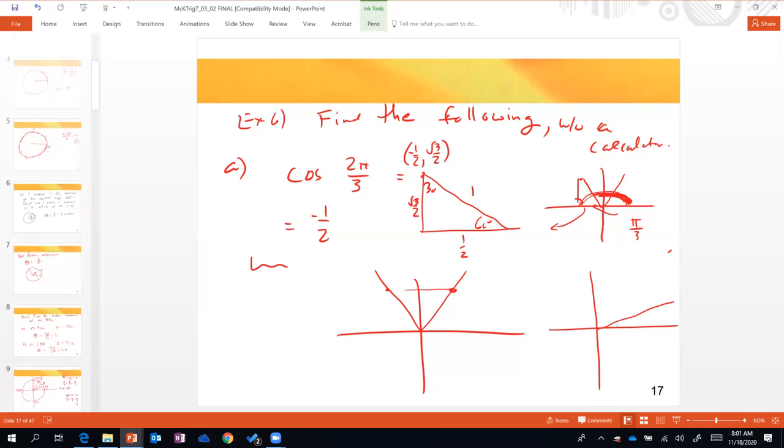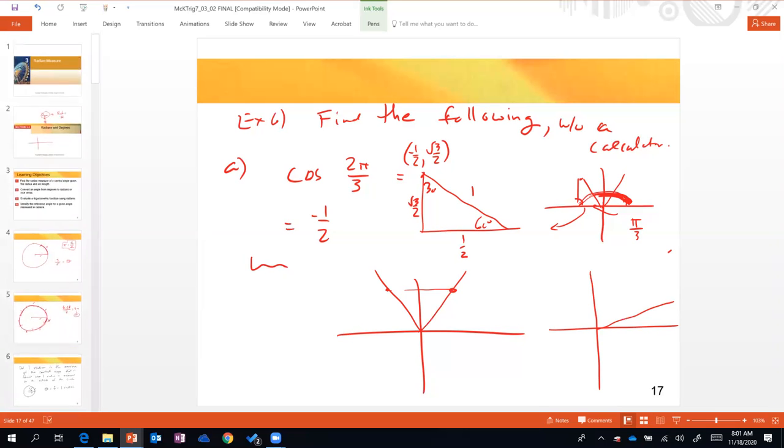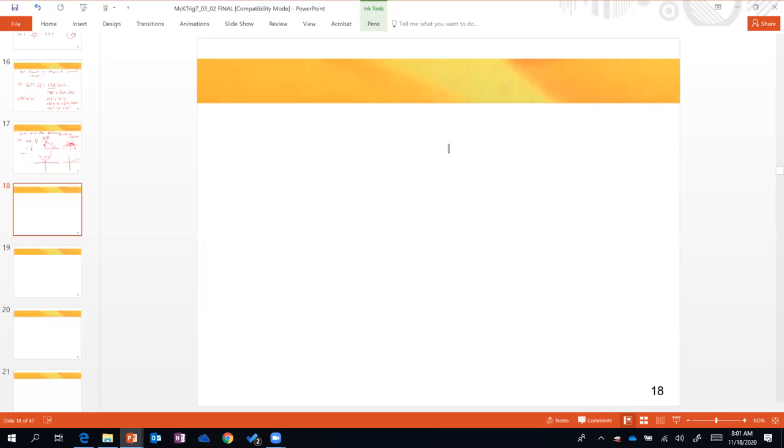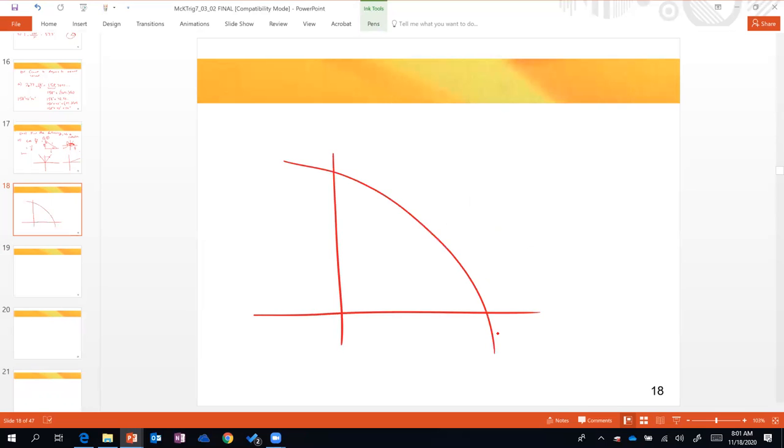where's my little memorization? Let me do the next slide here. Let me put it all together here so we see. Here's quadrant 1. Quadrant 1 was 0, 1, 0, 0 degrees. This is 30 degrees.